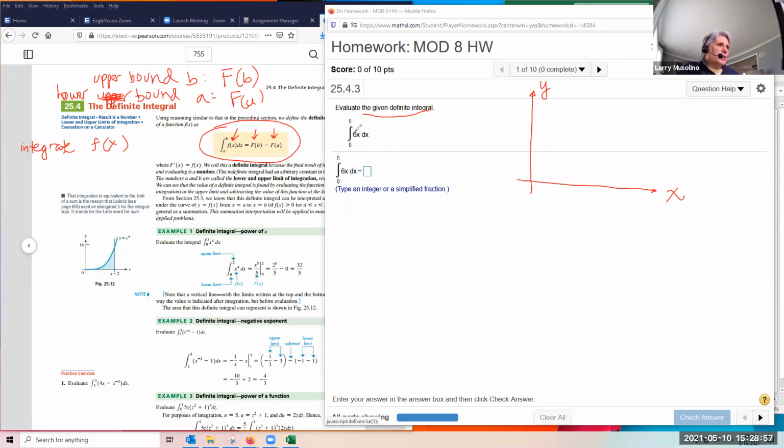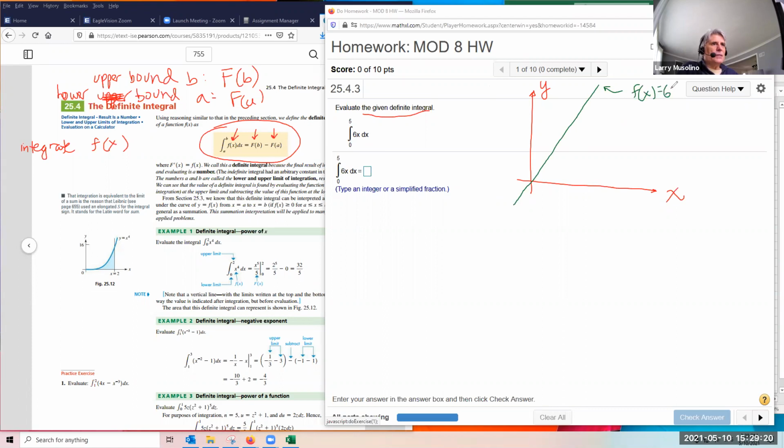Well, I know this function 6x happens to graph as a straight line. It's not critical that I know that, but let me graph it as a straight line. Actually, that's not a good straight line for 6x. 6x should have a little bit of a larger slope like this. So let me draw 6x, maybe like this. So this is the function 6x.